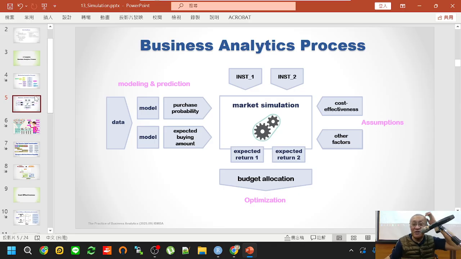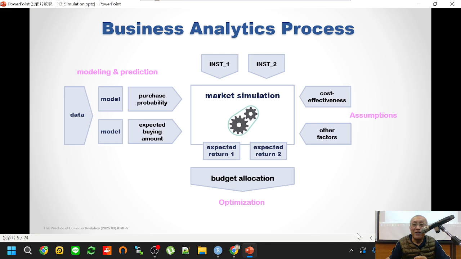The thing that we are going to do is pretty much like this. Here we already did a model and a prediction already. So what we are going to do today is basically in this part. We have different instruments, and the different instruments are characterized by the set of parameters MBA.